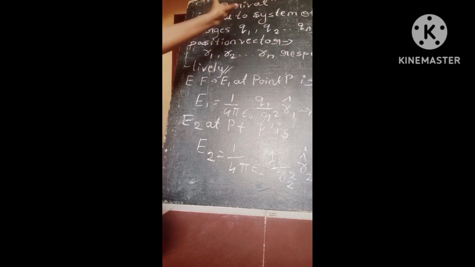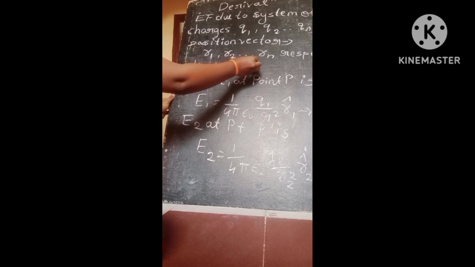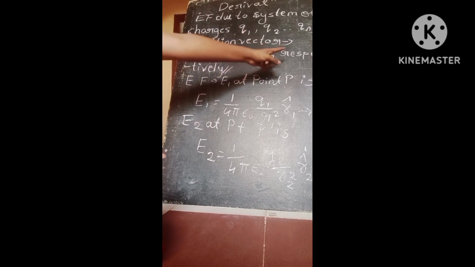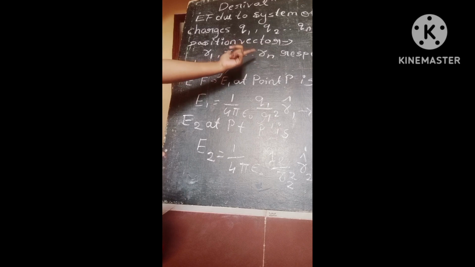These are the charges, and we have position vectors giving where these charges are located, r1, r2 and so on up to rn respectively. This much consideration is enough for this derivation.